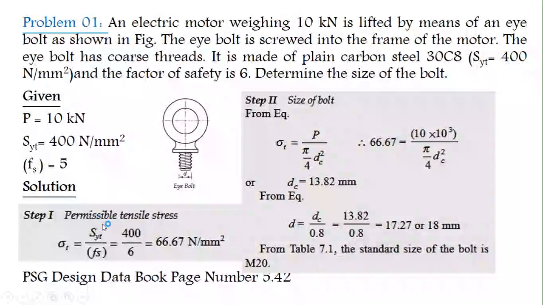The formula is sigma_t equal to yield strength divided by factor of safety. Yield strength 400 Newton per millimeter square divided by factor of safety 6 gives 66.67 Newton per millimeter square. This is the permissible tensile stress sigma_t.